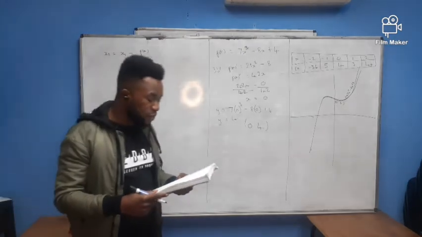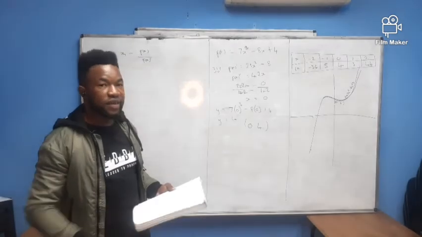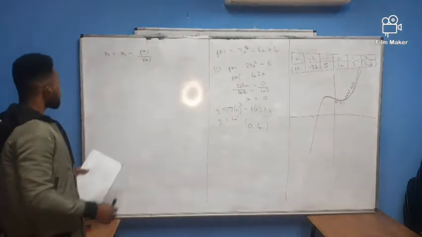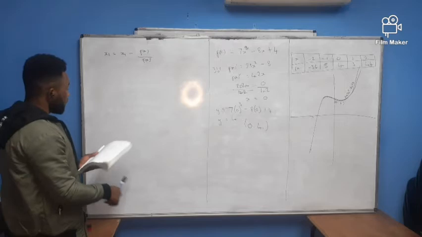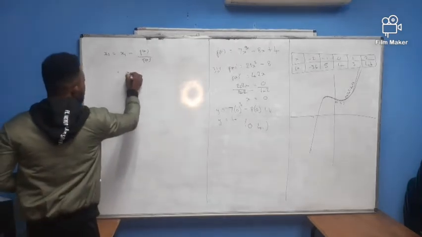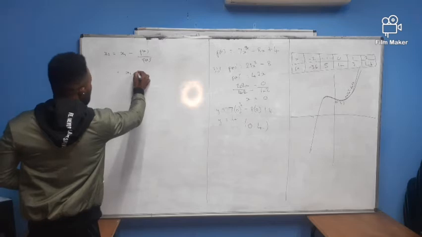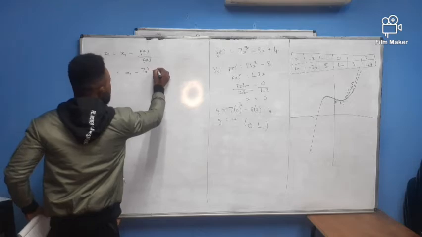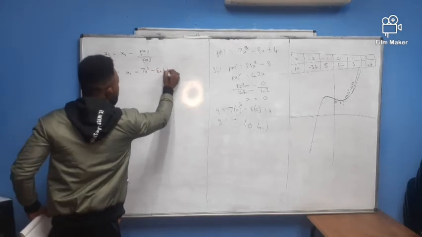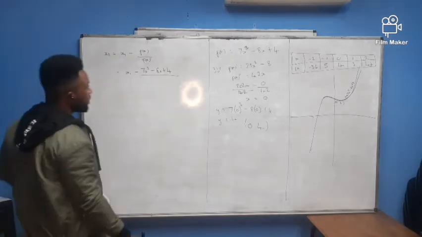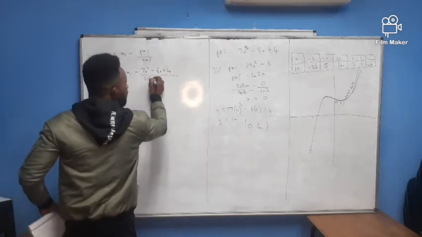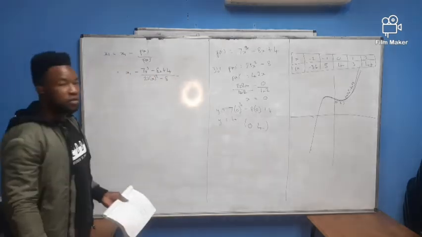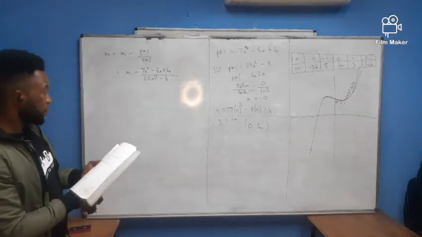Then they gave me my value of x, which is close to -1. So what are you going to do? You are going to substitute your value. So x2 is equal to x1 minus my f(x), which is 7x cubed minus 8x plus 4, divided by my derivative, which is 21x squared minus 8, and then you substitute the value that you are given, which is close to -1.